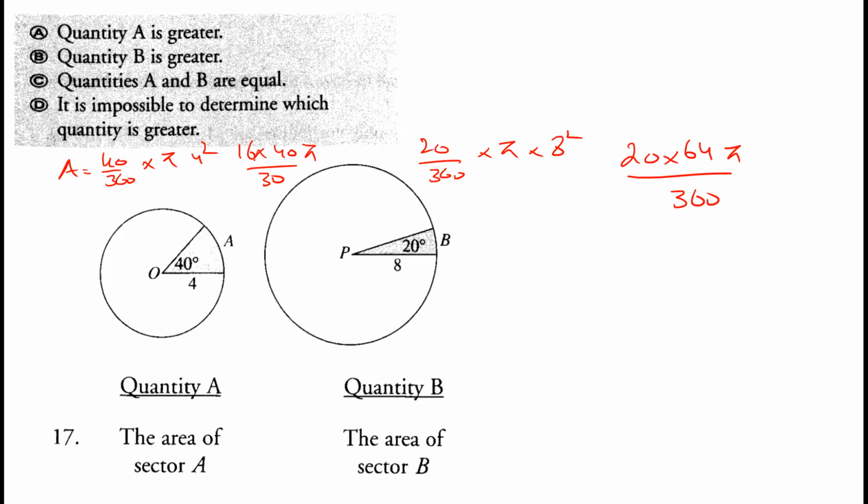Now 16 into 40 and 20 into 64, which is the greater amount? Which one would be greater? So 16 into 40 would be 640.